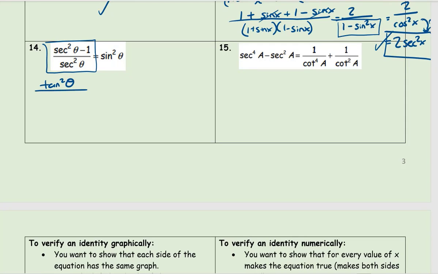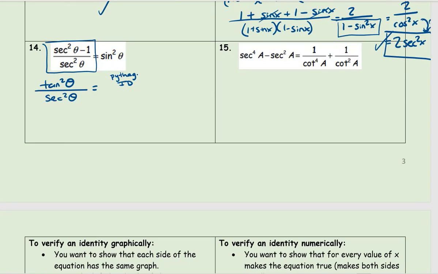Okay, so we got here from the Pythagorean identity.